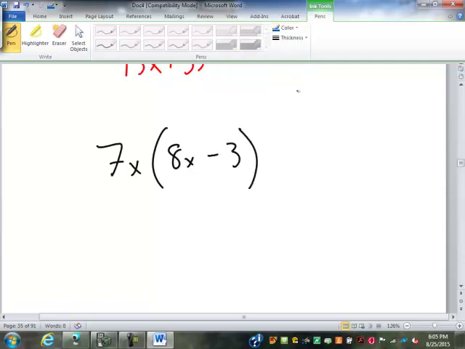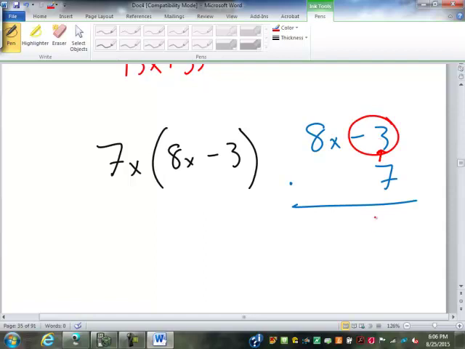Or something like this. 7 times 8x minus 3. It's 8x minus 3 times 7. Now this isn't 7 times 3, it's 7 times negative 3, so we're going to get negative 21.